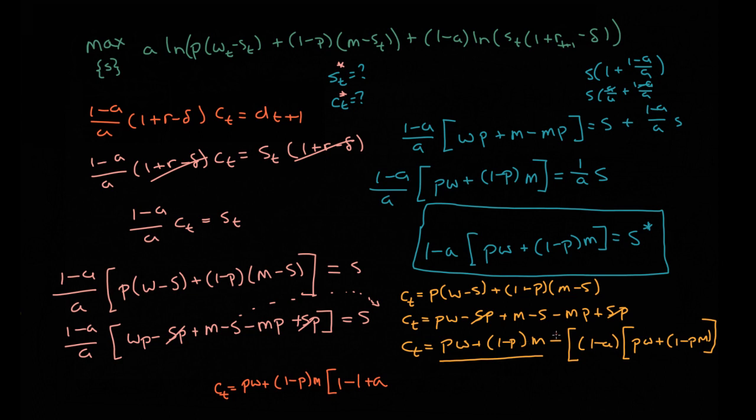So we'll distribute the minus sign, 1 and a, and those go away. So the final super final answer is C_t star is equal to a times Pw plus 1 minus Pm. And using this S star and the C_t star, we could also find D_t+1 star.